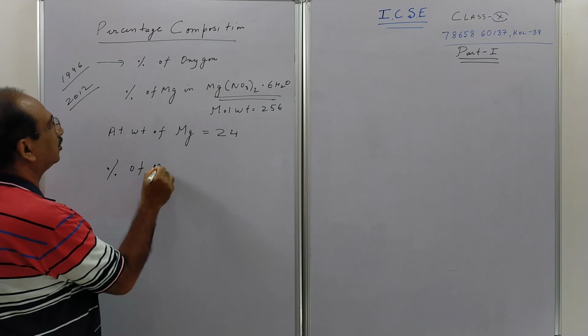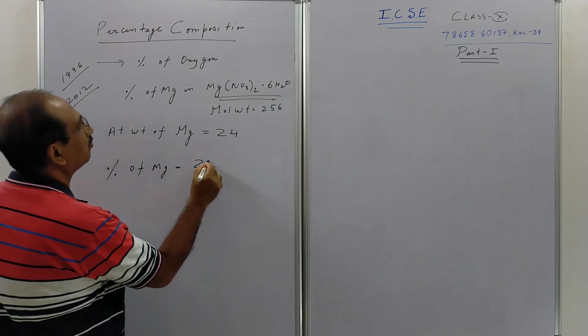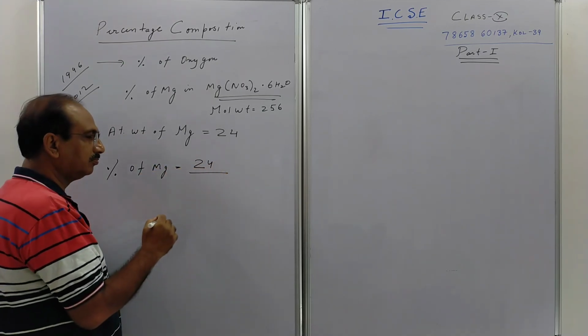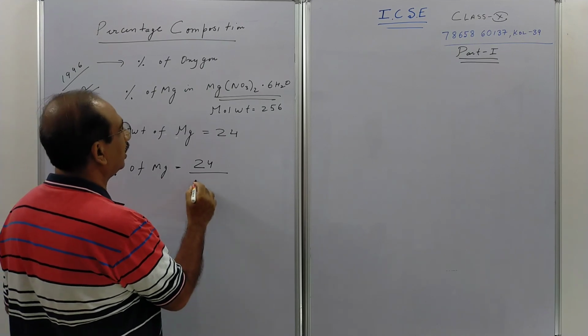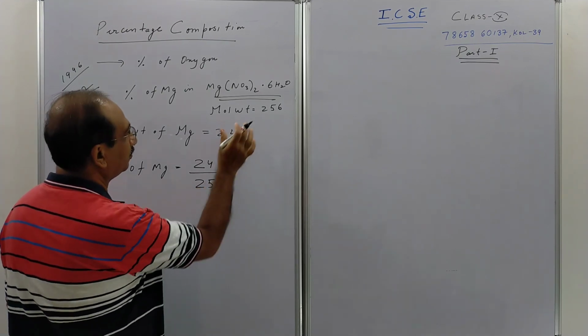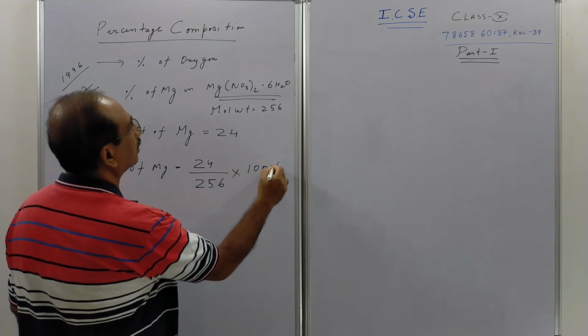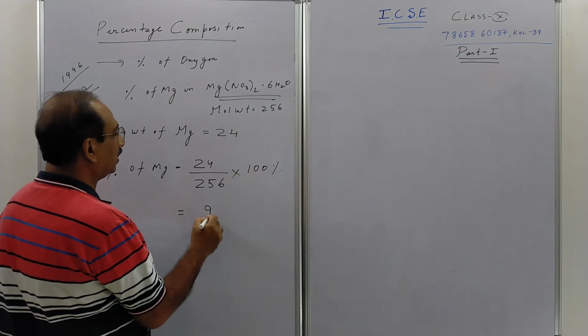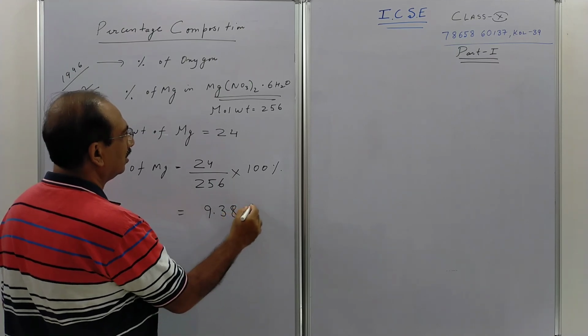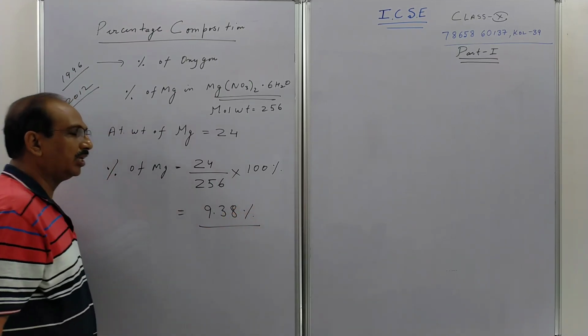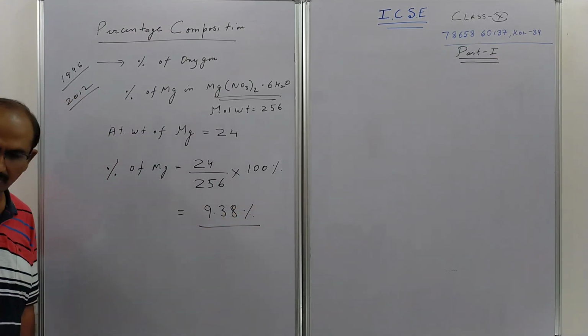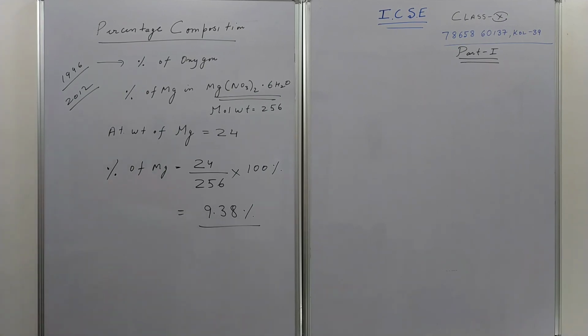So the percentage of magnesium is the atomic weight of magnesium by the molecular weight of the compound, magnesium nitrate hexahydrate. If you solve this, you get roughly 9.375, so we can round it off to 9.38.